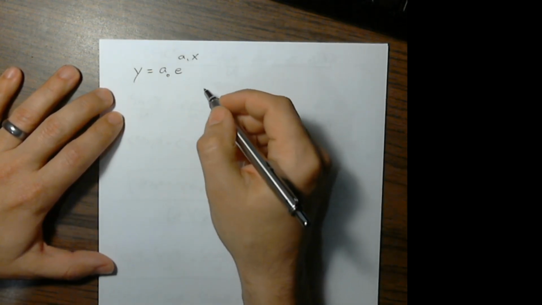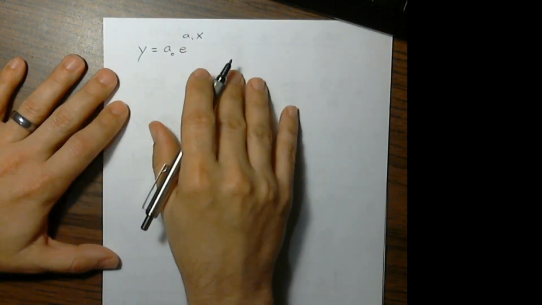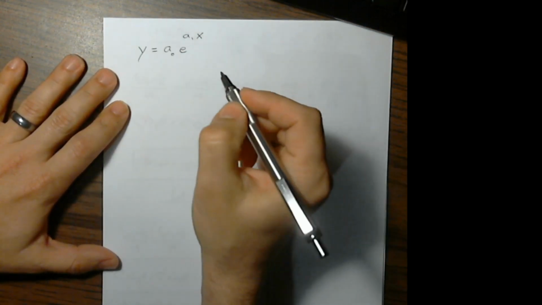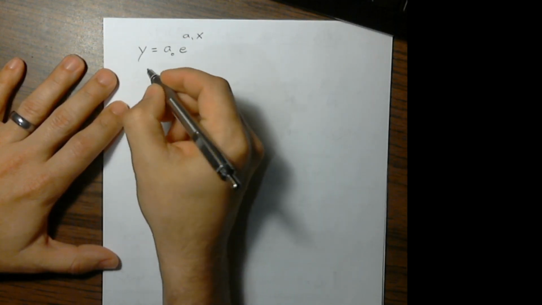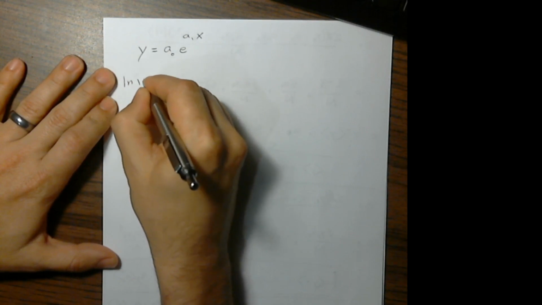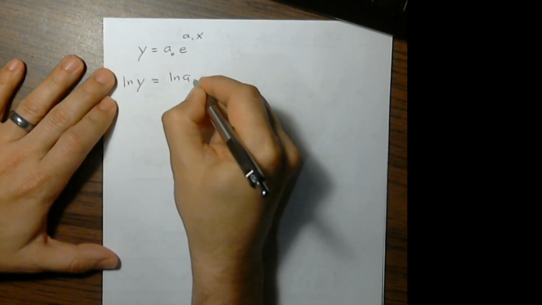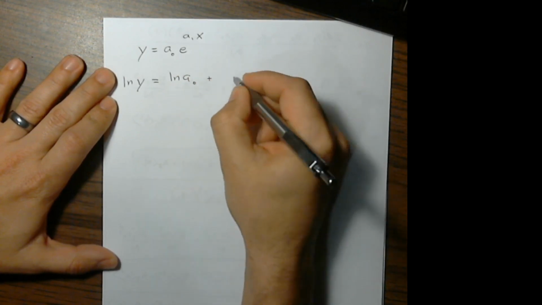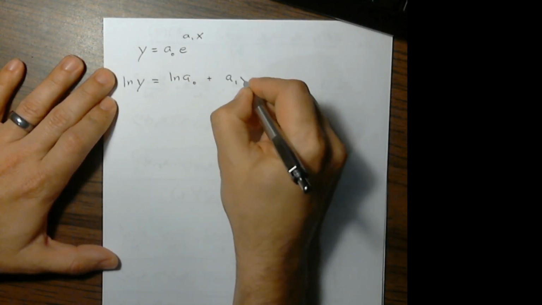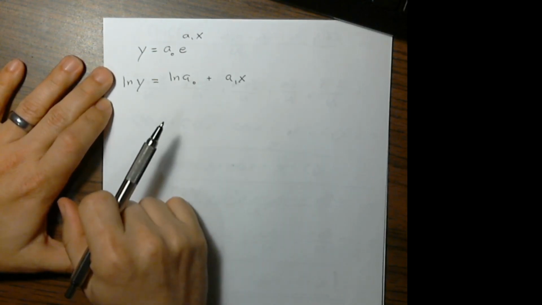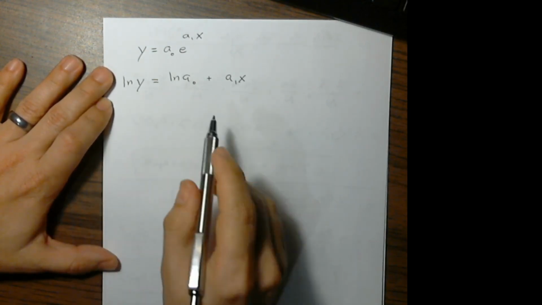Okay. So if we want to do this, the trick that we talked about is you start with a natural log. So I'm going to just take the natural log of everything. And fortunately, because we know our algebraic rules for natural logs, we can just do that. That's easy enough.